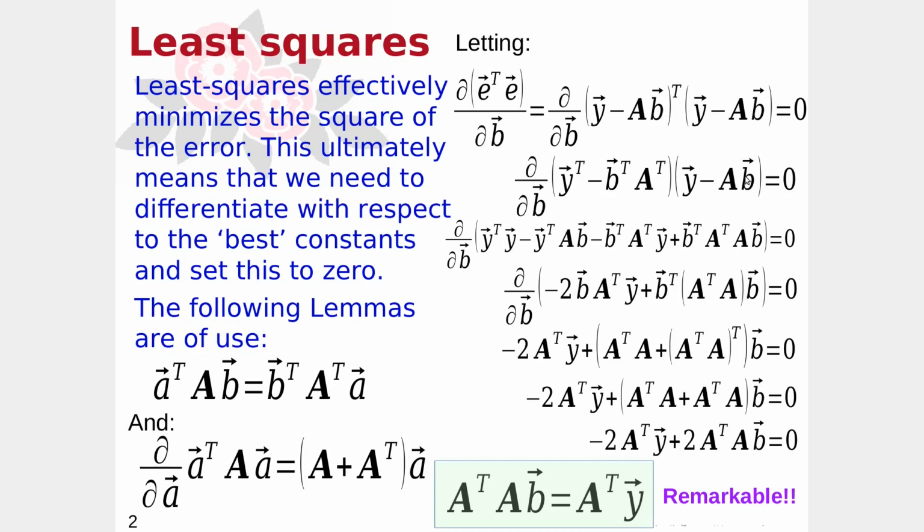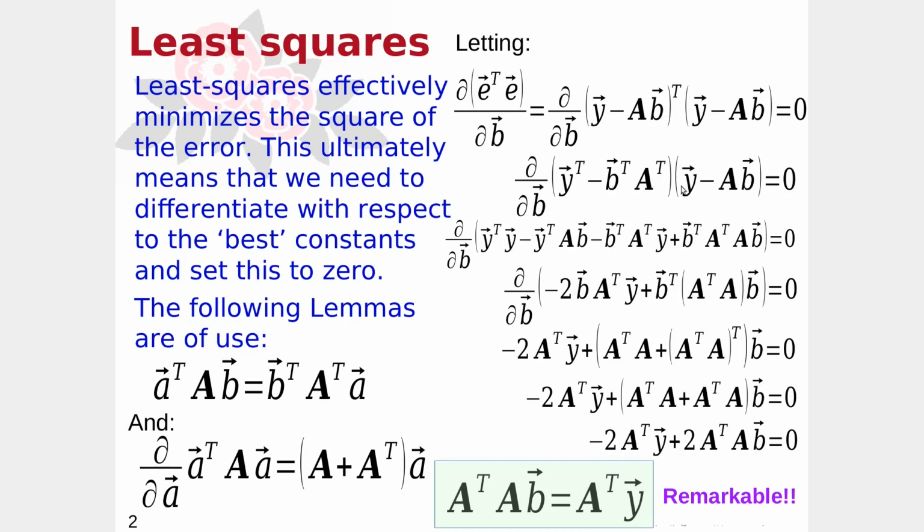So the first thing to notice is y transpose times y, when we multiply this bracket out, is actually no longer a function of b. Then we multiply y by this, so it would be y transpose times Ab.